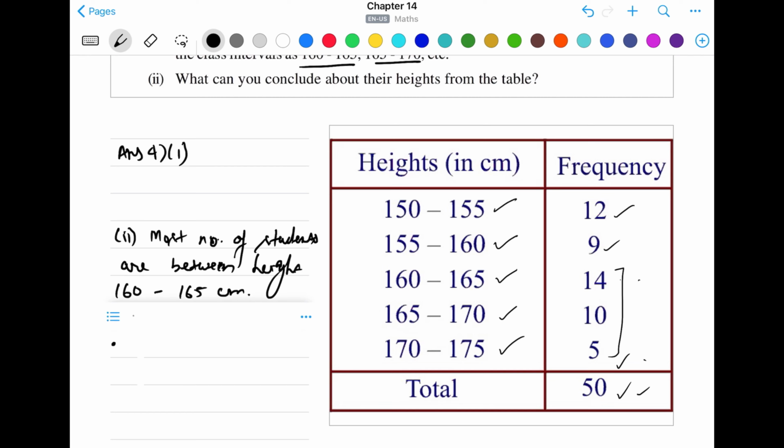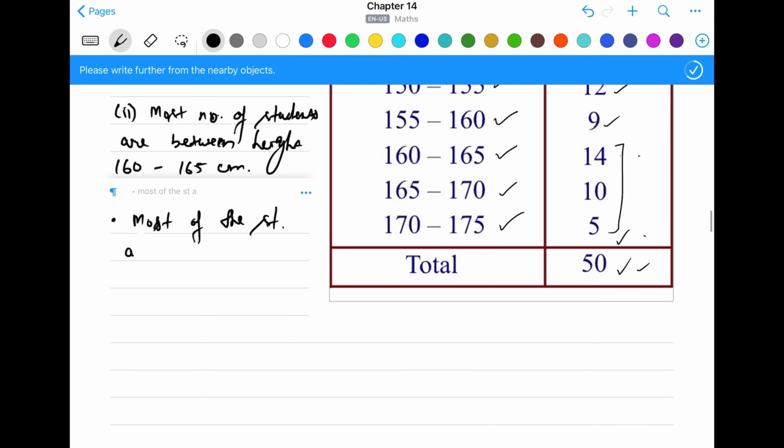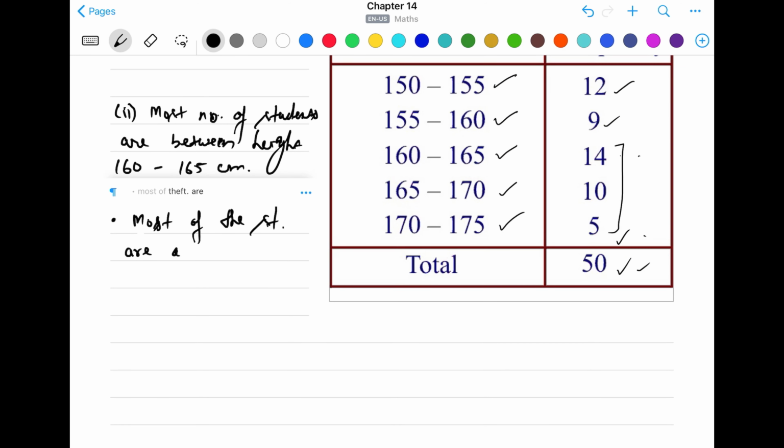Another conclusion from here can be that most of the students are above 160 centimeters.